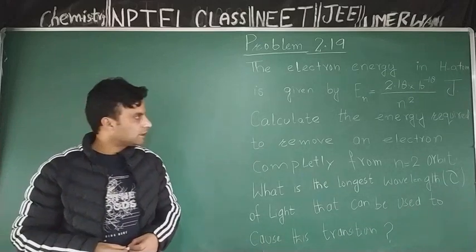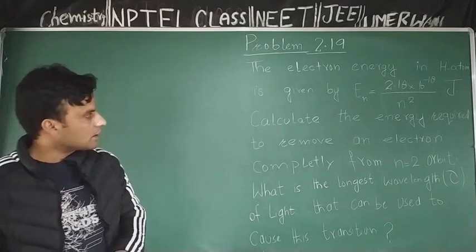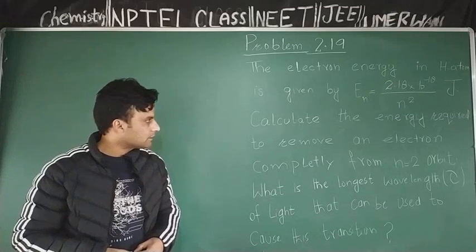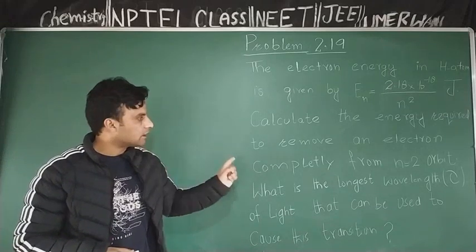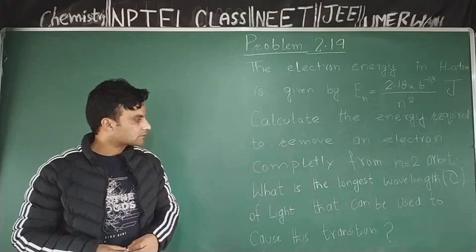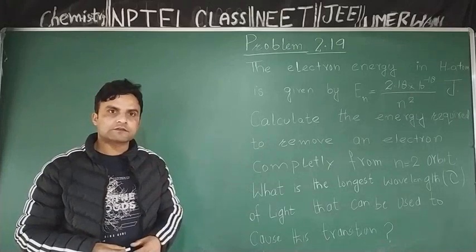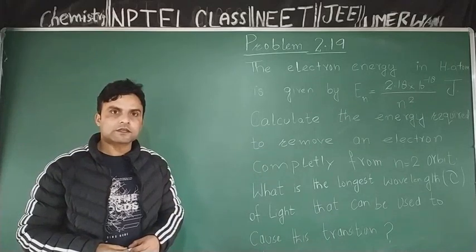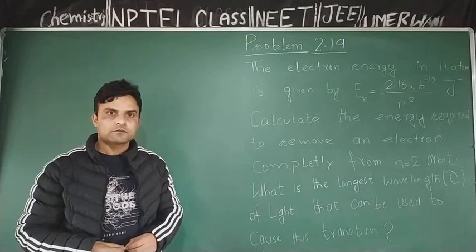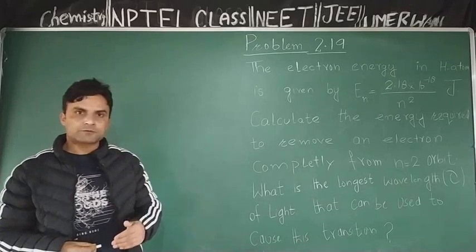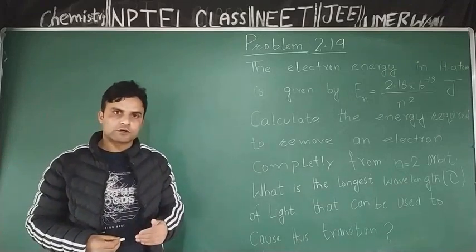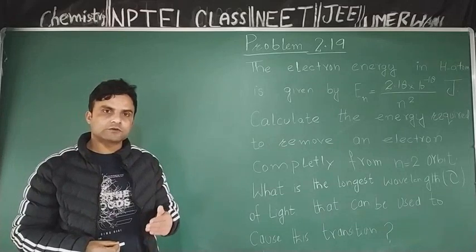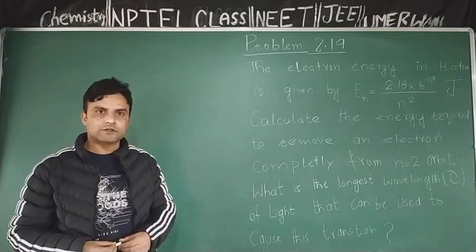Now we have to calculate how much energy we need to provide in order to remove this electron which is present in first excited state, which is present in n is equal to second orbit. How much energy we have to provide to an electron which is present in first excited state, that is n is equal to 2 of excited hydrogen atom.